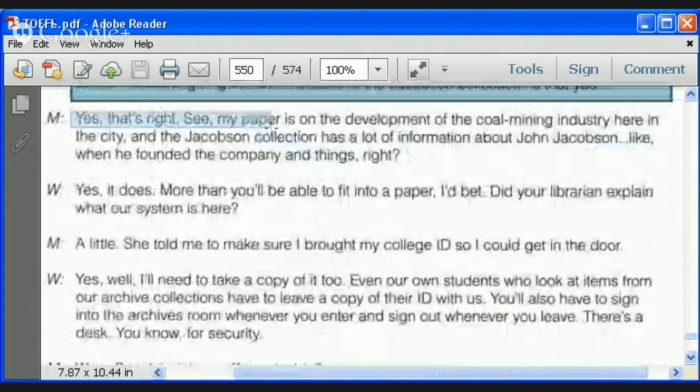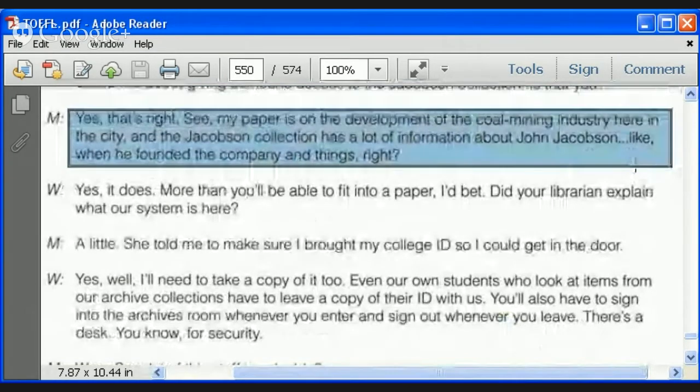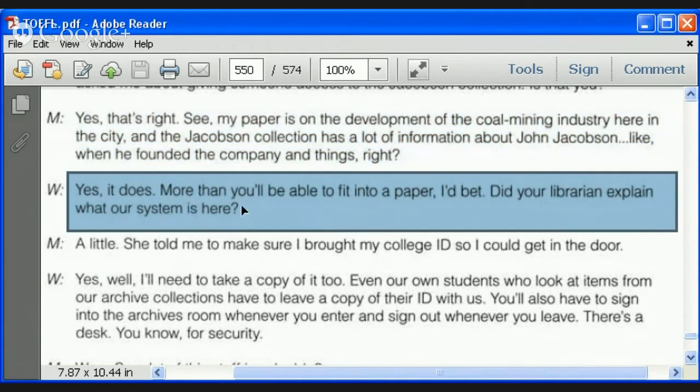Yeah, that's right. See, my paper is on the development of the coal mining industry here in the city, and the Jacobson collection has a lot of information about John Jacobson, like when he founded the company and things, right? Yes, it does. More than you'll be able to fit into a paper, I bet. Did your librarian explain what our system is here?